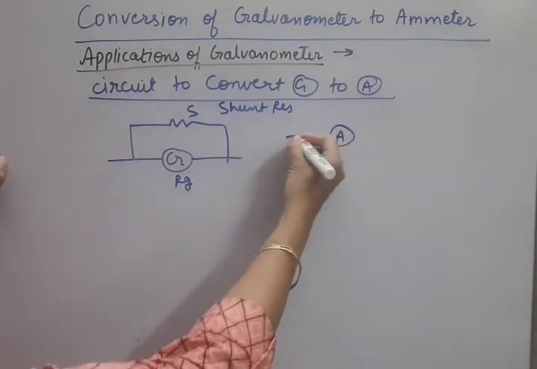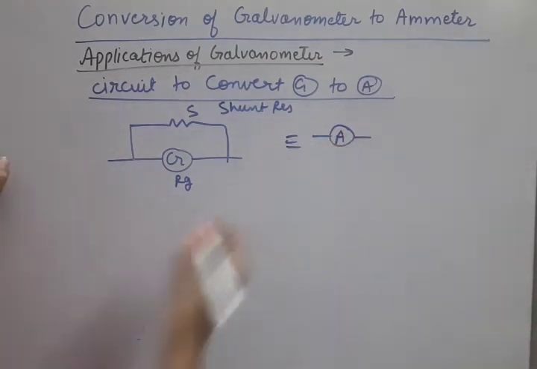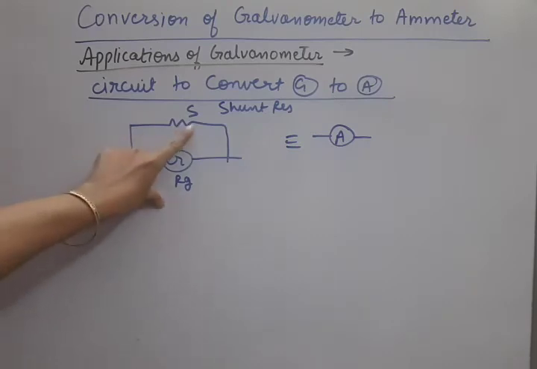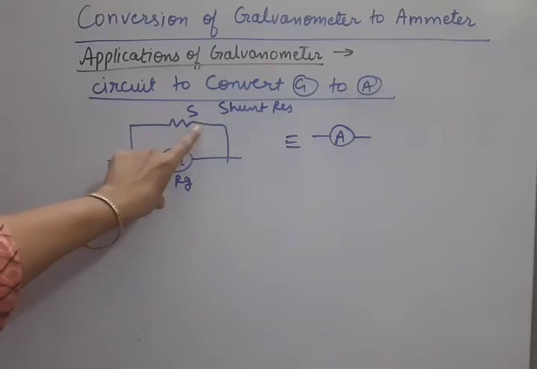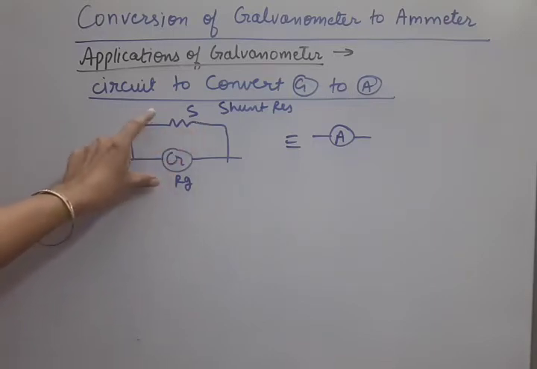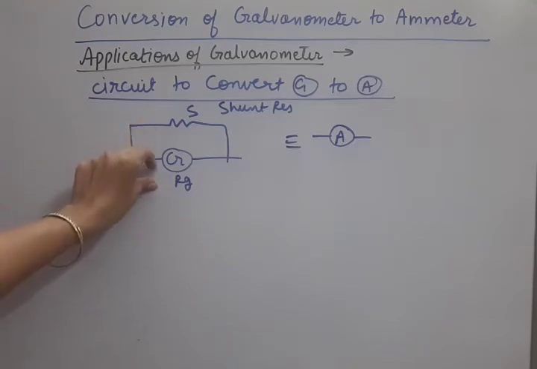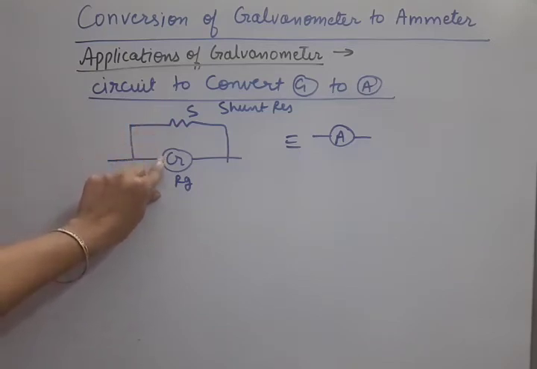Now what should be the shunt resistance value? Should it be a large resistance or a small resistance? In parallel we have studied that the combination answer is less than the least one.